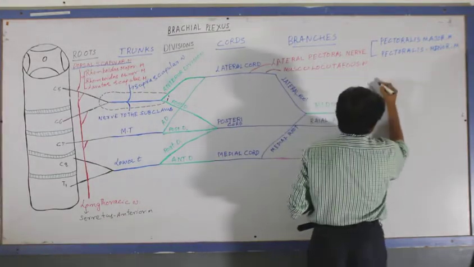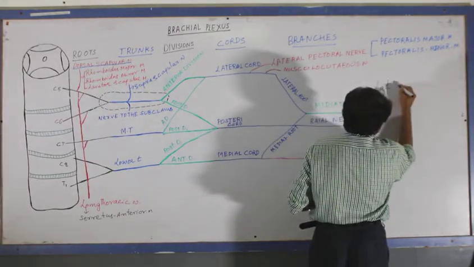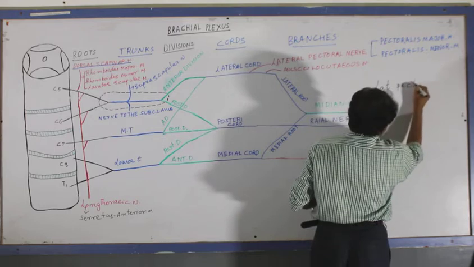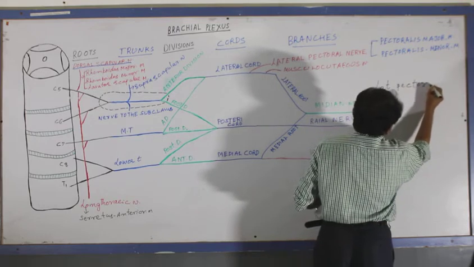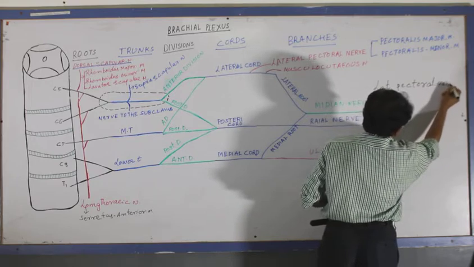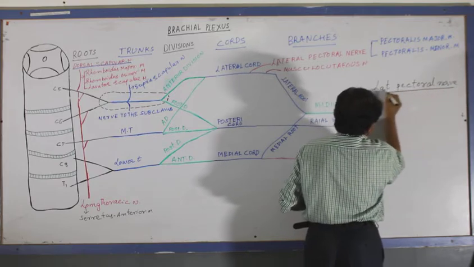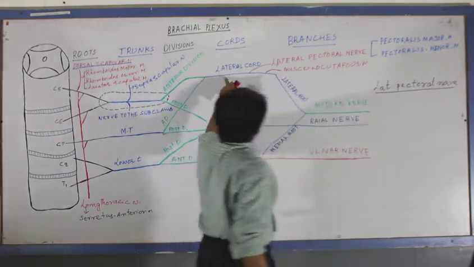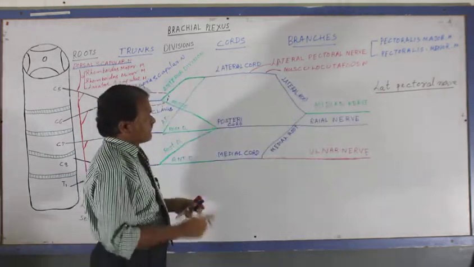Lateral pectoral nerve. This lateral pectoral nerve arises from the lateral cord of the brachial plexus.